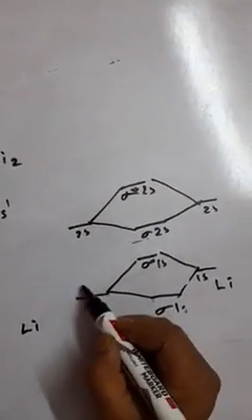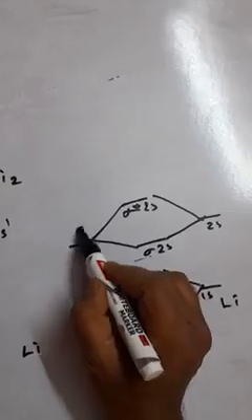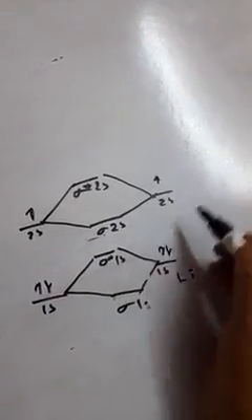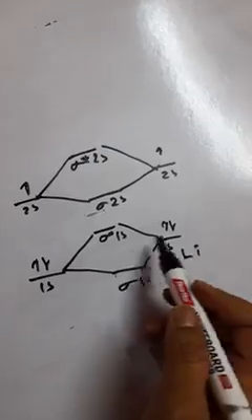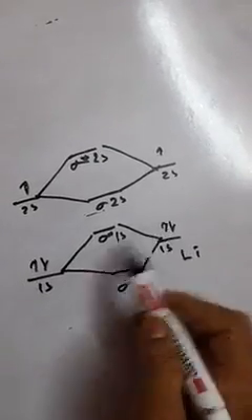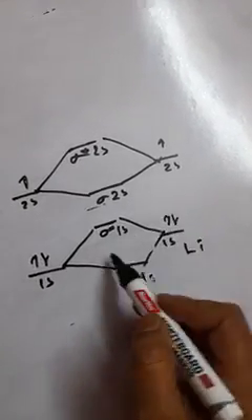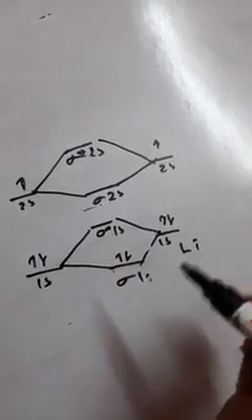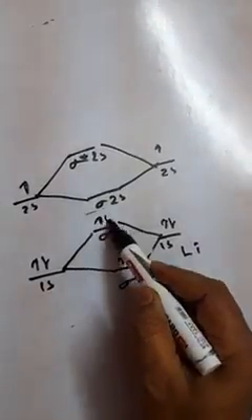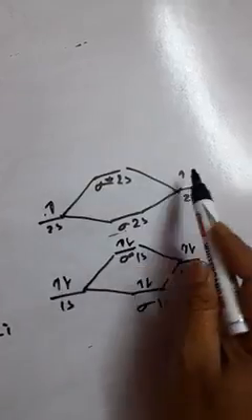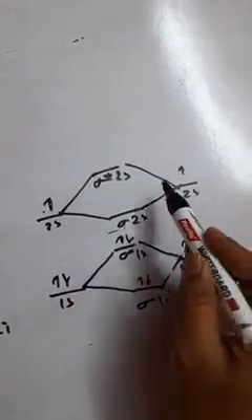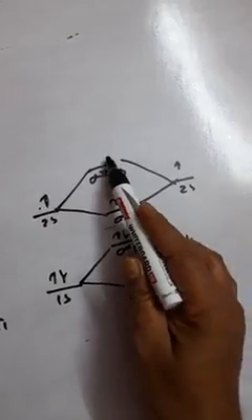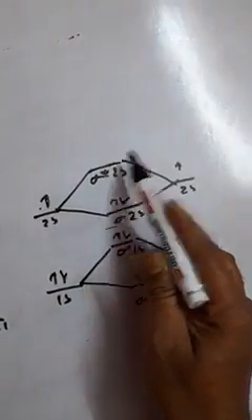In one lithium, 1s2, 2s1. In another, 1s2, 2s1. Let's see the 1s portion: it contains 4 electrons. So these 4 will be divided equally in bonding and antibonding. Bonding will get 2, antibonding will get 2. The 2s level has 1 electron each, so both will come in the bonding part. Nothing will go in the antibonding part, no electrons in the antibonding.